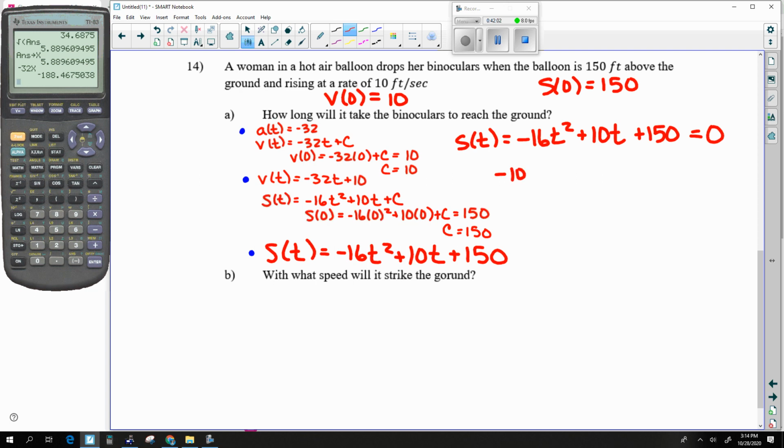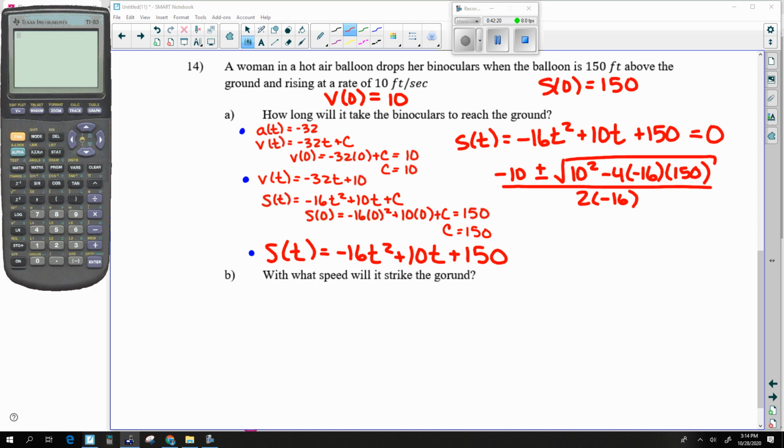So negative b plus or minus the square root of b squared minus 4ac, all over 2a. Could probably make that a little bit easier on myself, but that's really the point. So this is negative 10 plus or minus the square root of 10 squared minus 4 times negative 16 times 150, divided by negative 32.